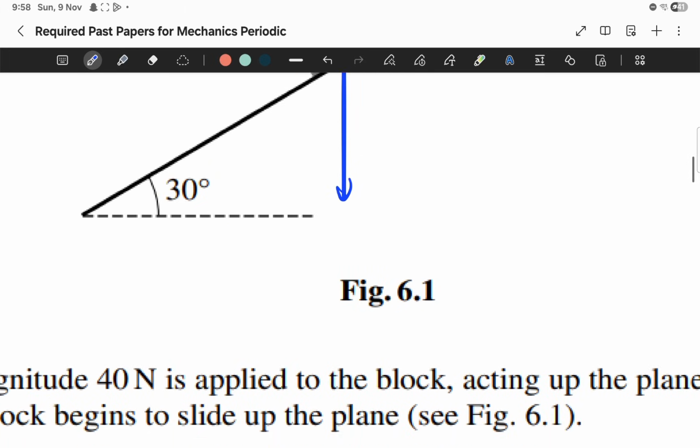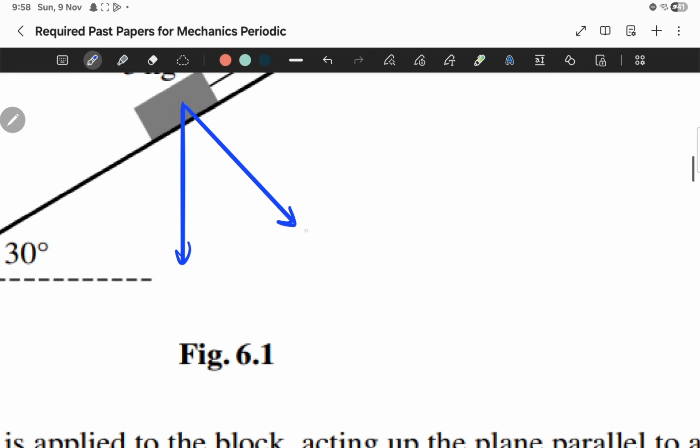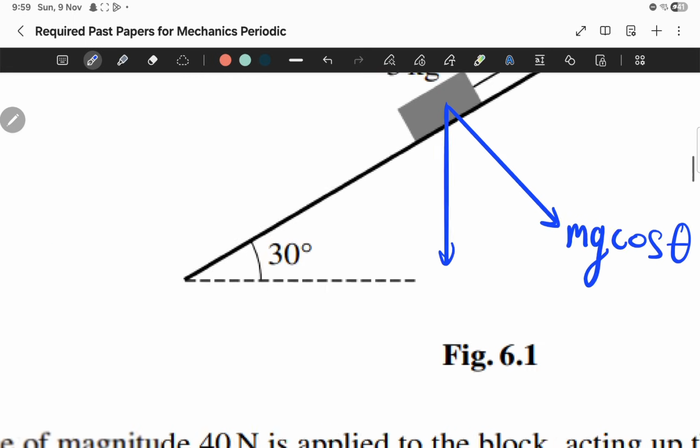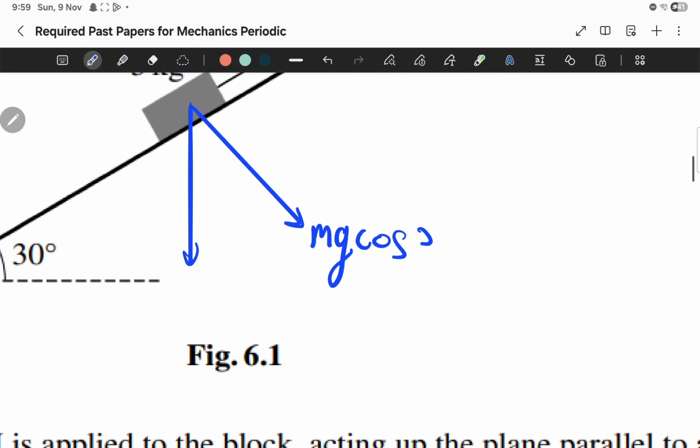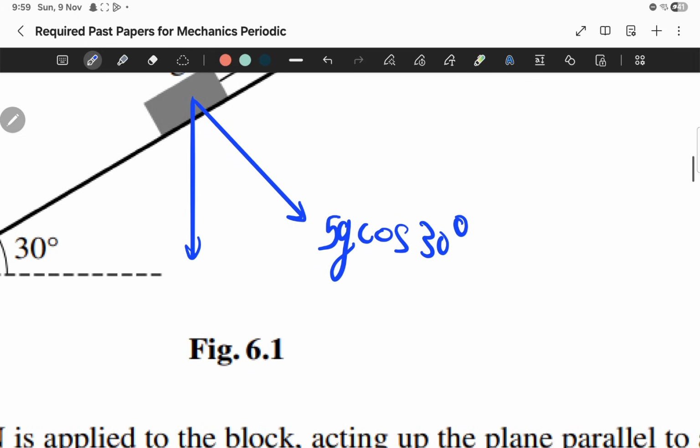So for the y-axis of the weight, the y component, which is not this, it's this, it is mg cosine theta, or mg cosine 30. Let's start labeling from now. m is 5, so 5g cosine 30 degrees.